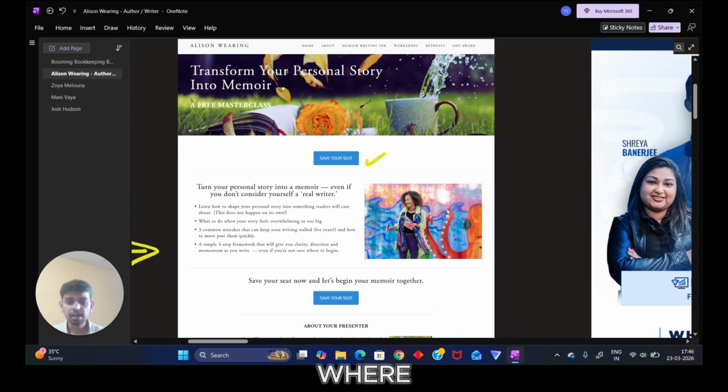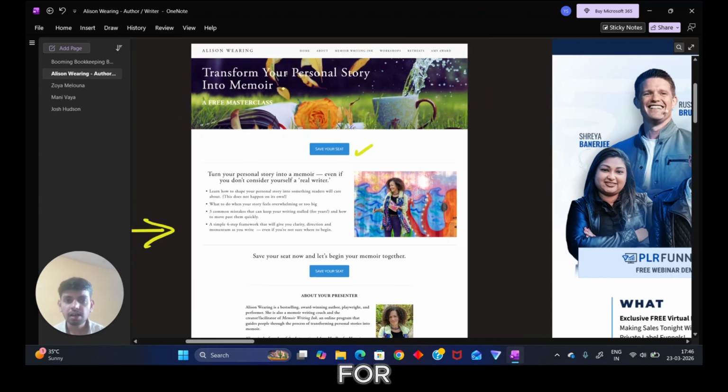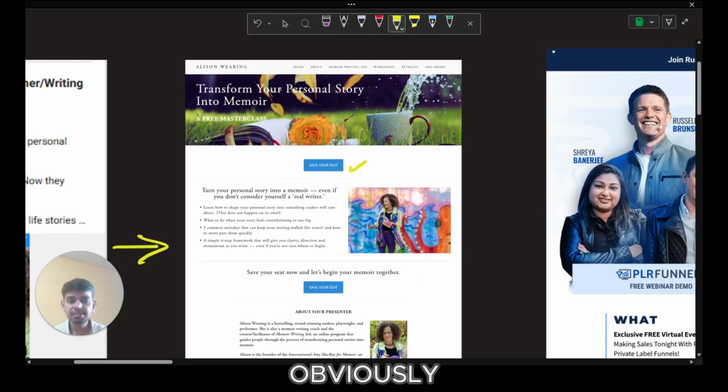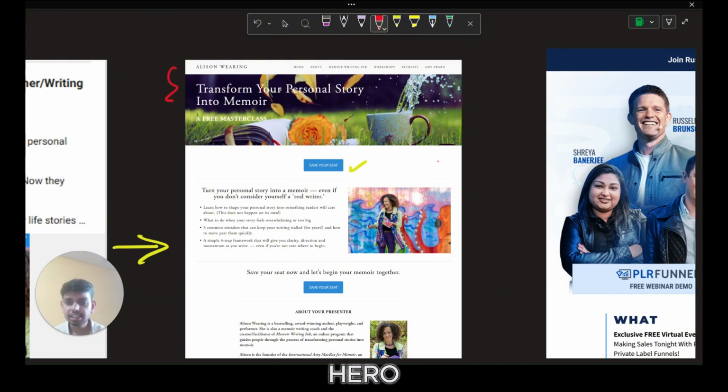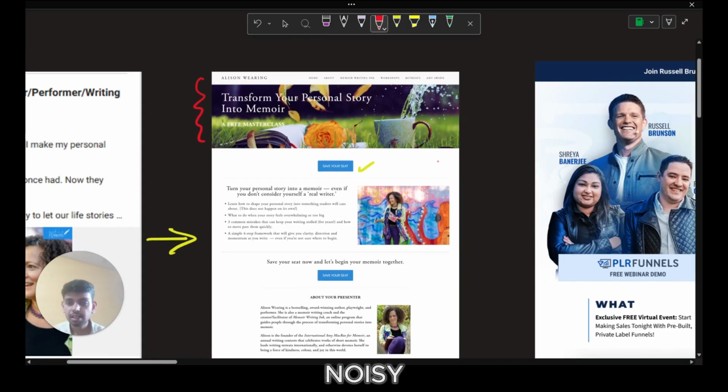This is where she takes opt-ins for her personal memoir, and obviously it's very clear from the landing page. The hero section is not optimized because the headline is not quite clear, because the background is very noisy.